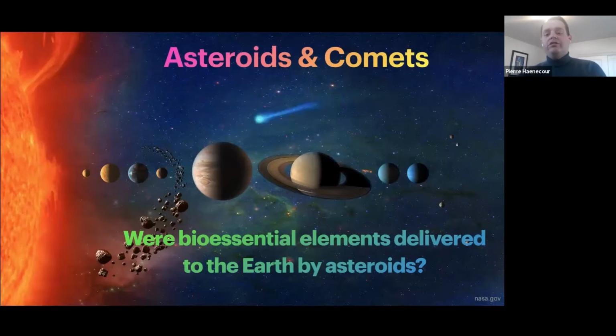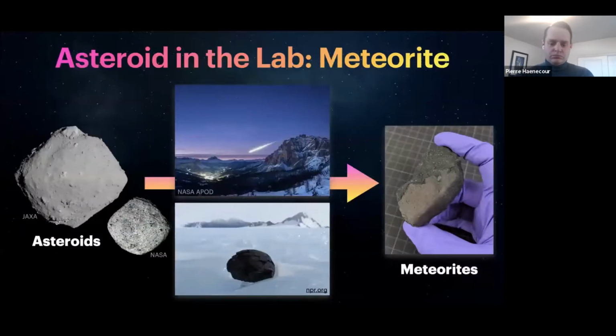Here I'll show you the overall solar system as it is now. You can see the asteroid belt between Mars and Jupiter, and then comets. The work I'm doing, as I mentioned, is retracing those bioessential elements as a source of life on Earth. One of the key things is that asteroids are so far away, between Mars and Jupiter, that we can get little information from them just from remote sensing observation.